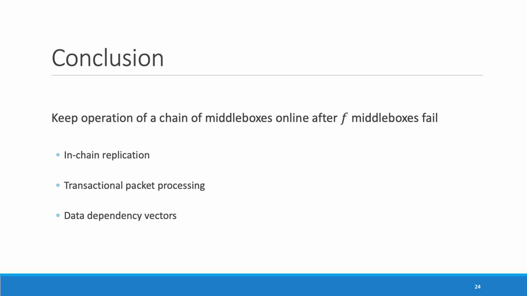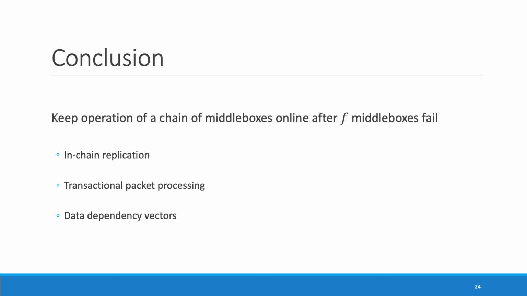Providing fault tolerance for middle boxes and chains is increasingly becoming more important. Current approaches to middle box fault tolerance are highly inefficient for a chain of middle boxes. They are inefficient because they treat the middle boxes of a chain independently. FTC changes the perspective by treating the entire chain as a fault-tolerant unit.